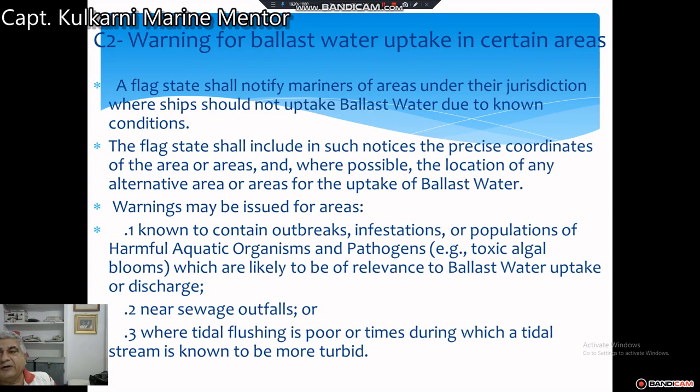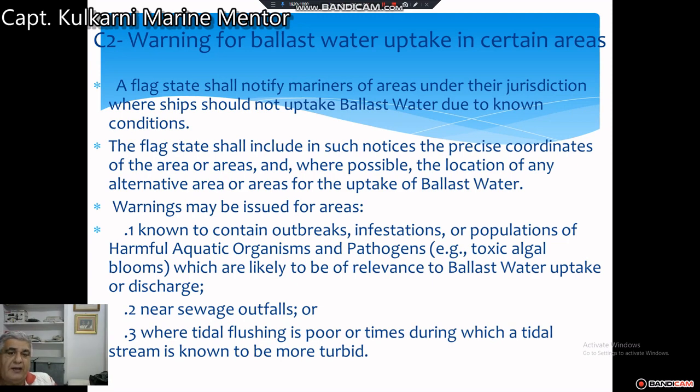Warning for ballast water uptake in certain areas. The flag state shall notify areas under their jurisdiction where ships should not uptake ballast water due to known conditions. The flag state shall include in such notice the precise coordinates of the area and, where possible, the location of any alternative area to uptake ballast water.